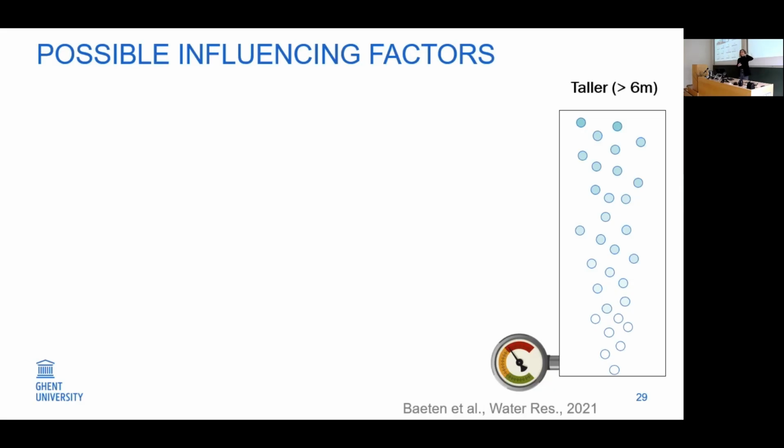This makes that the gas bubbles stay for a longer time in the reactor. They will also be more saturated with methane. That can have an influence on the methane stripping. Also, the pressure at the bottom of the reactor will be higher. That makes that the methane more easily stays in the liquid phase.